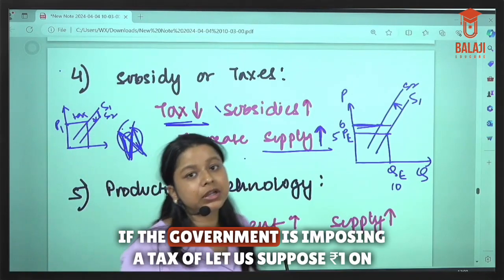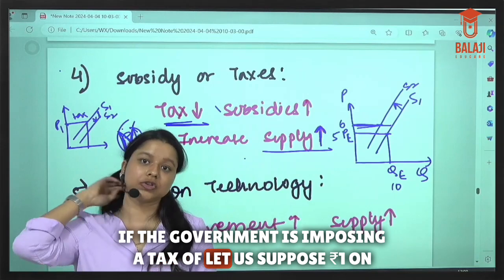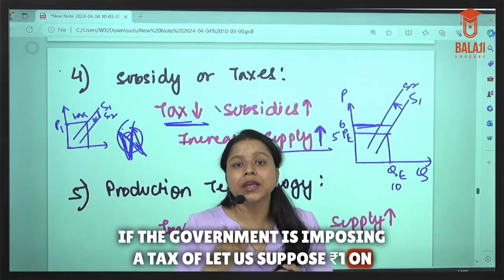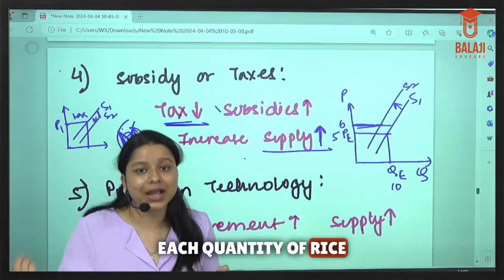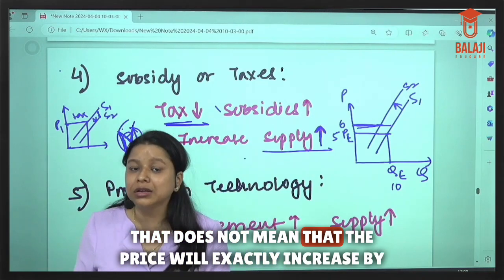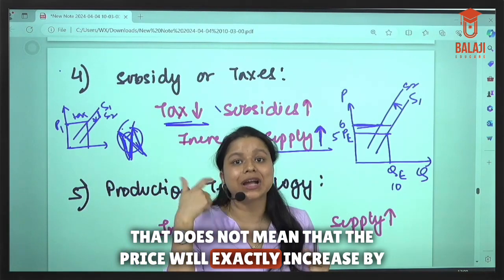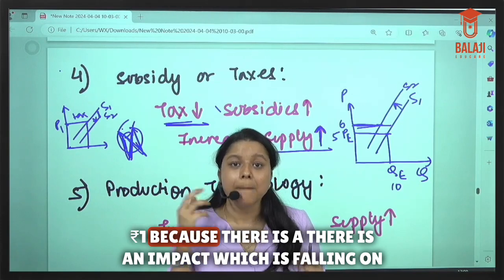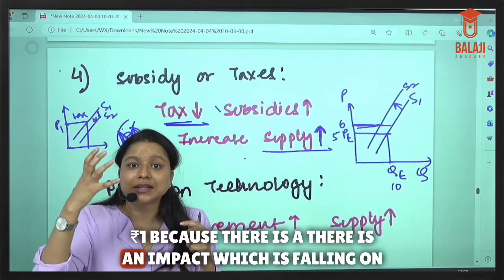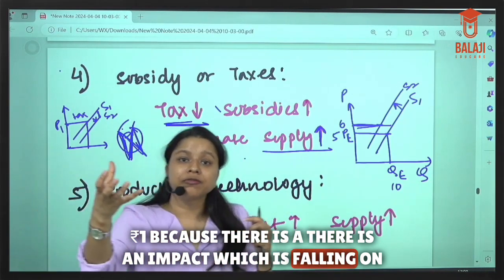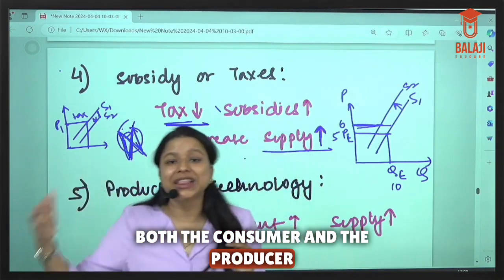For example, if the government is imposing a tax of, let's say, 1 rupee on each quantity of rice, that does not mean that the price will exactly increase by 1 rupee, because there is an impact which is falling on both the consumer and the producer.